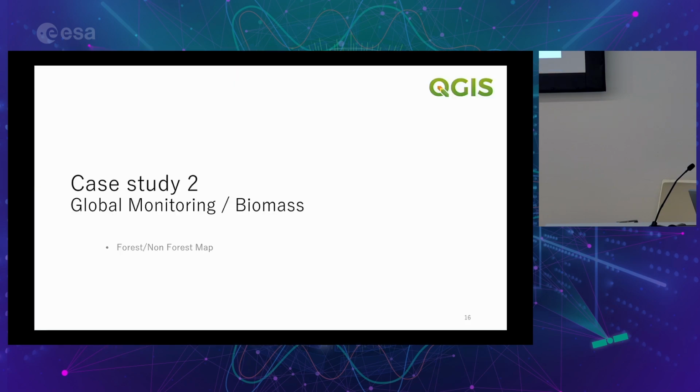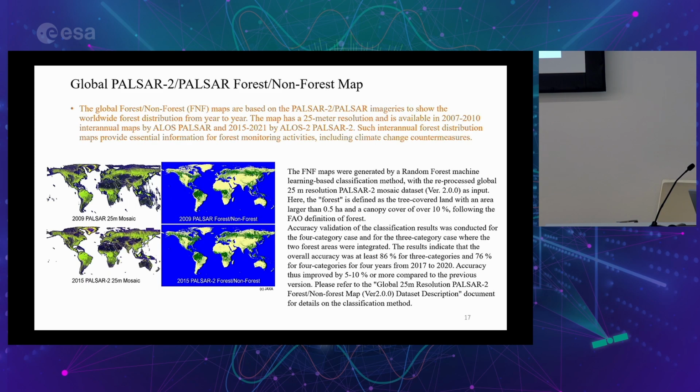The next case study is the global forest/non-forest map. First, I would like to introduce this data. The global FNF maps are based on PALSAR-2 and PALSAR images to show the worldwide forest distribution from year to year.